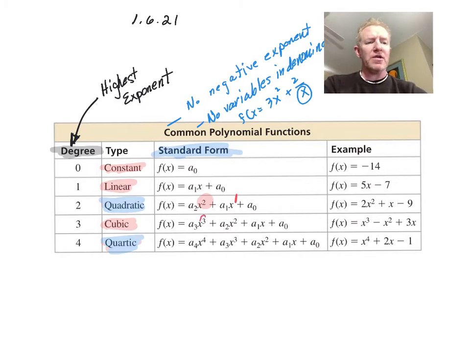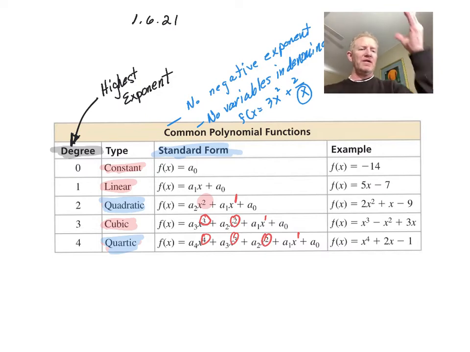And cubics generally would go 3, then 2, then 1, then no x at all. And 4, then 3, then 2, then 1, and then no x's at all. So standard form just means you go from decreasing the highest degree of the polynomial function all the way down to the lowest degree. And you can just skip over any that aren't present.